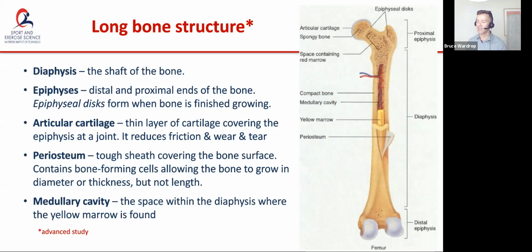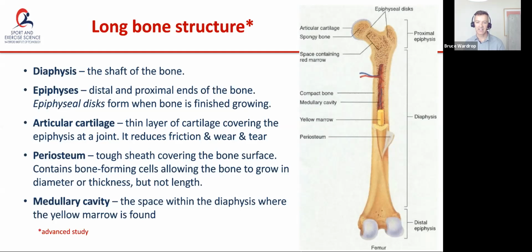So they get more dense, and they become tougher and stronger and able to sustain greater loads. And it's the outer layer there, the periosteum, that gets tougher and responds to that stimulus.